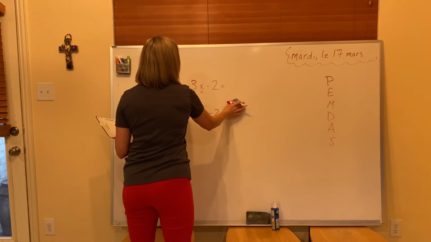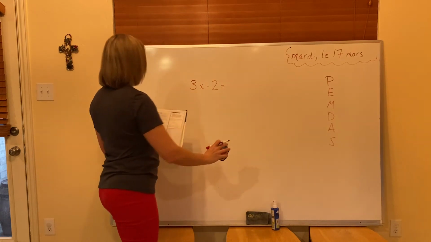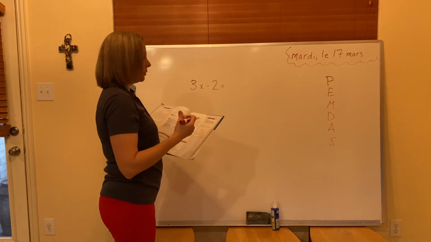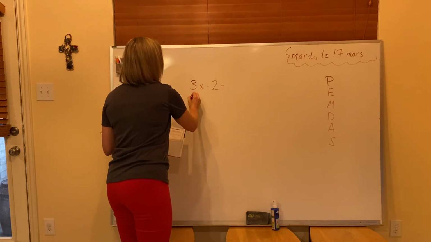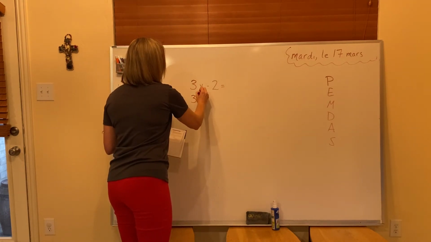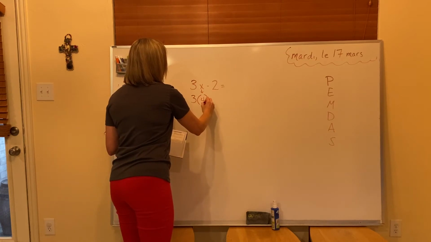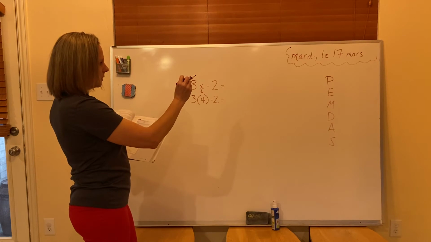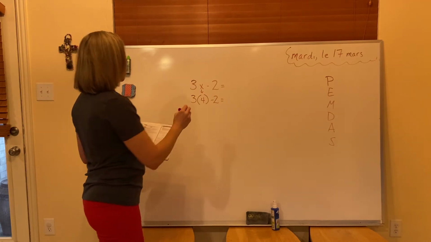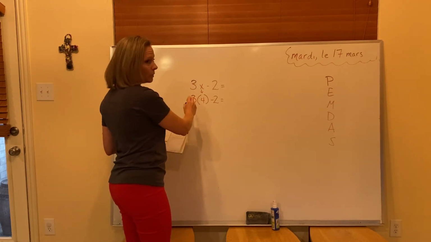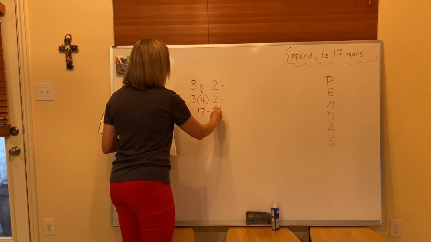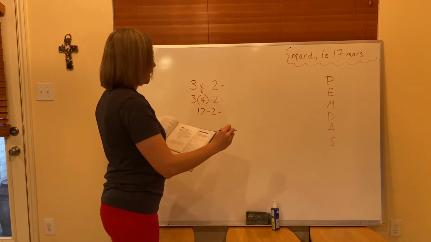Okay, we can work out the others also if we want to prove that it's correct, but let's go ahead and just substitute 4 for x right now. So we have 3 times x would be 4 minus 2. And as we already figured out, we need to multiply first in our problem. 3 times 4 is 12, minus 2 is equal to 10.